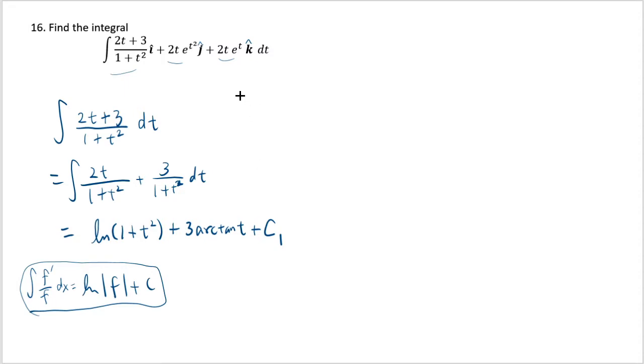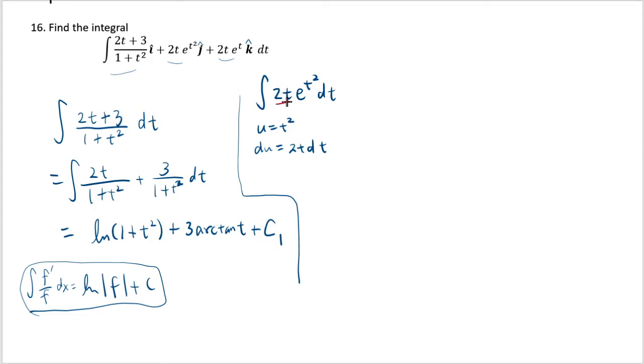Now let's try to tackle the second one. Integration of 2t e to the t squared dt. For this you need to do u equals t squared, which means du is equal to 2t dt, so that this 2t and dt combined together will give you du.